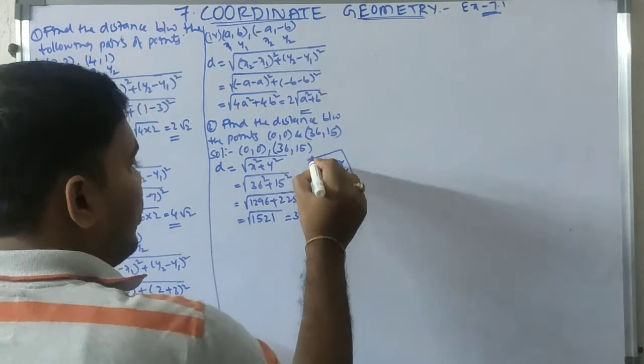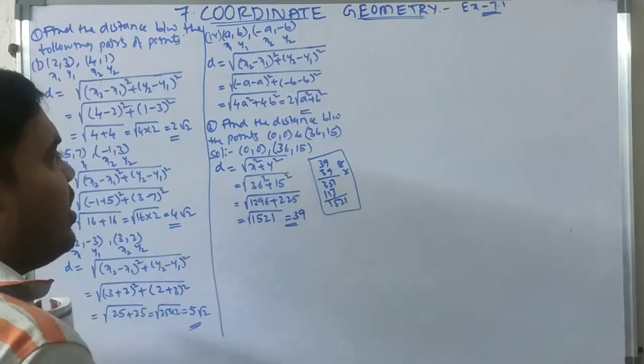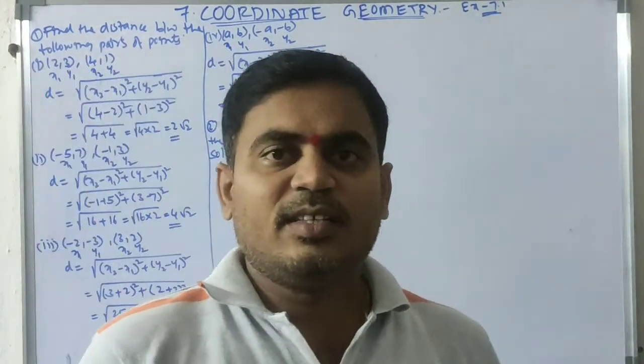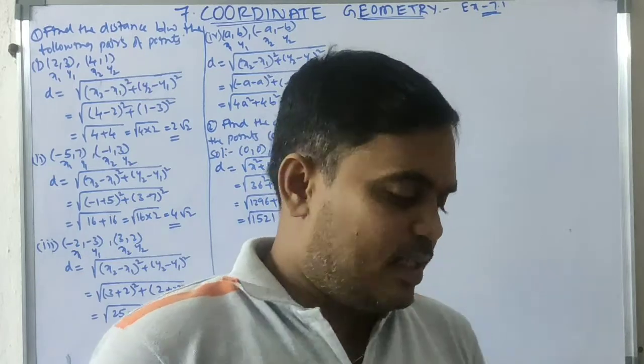So the square root of 1521 is 39. So the distance between those 2 points is equal to 39.